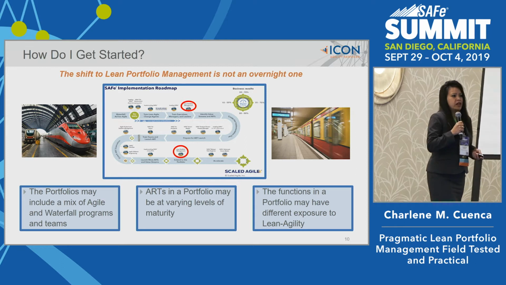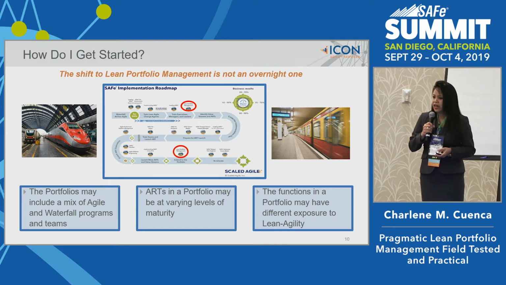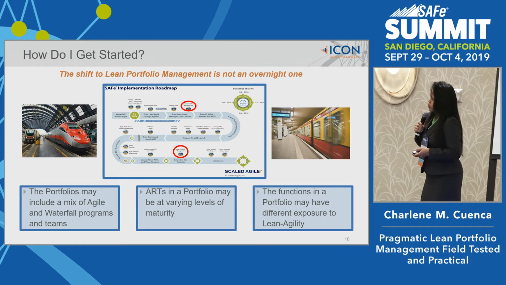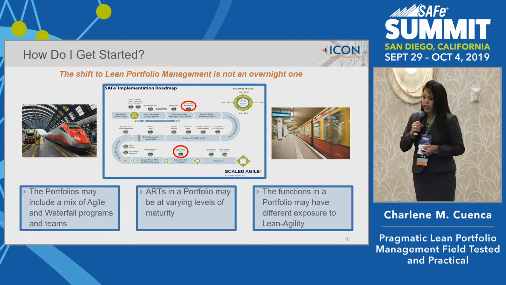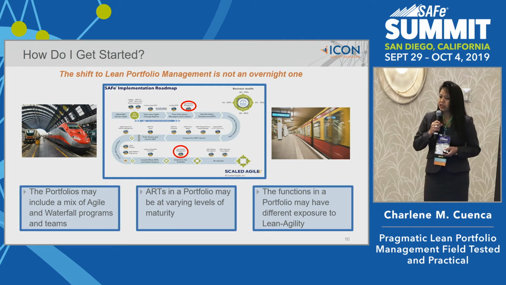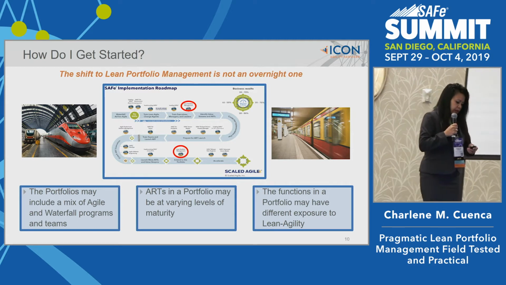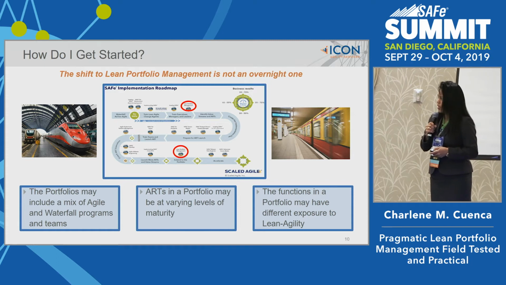And not every leader that's part of your portfolio team is necessarily going to adopt that mindset out of the gate. So all those three factors come into play, really translate into setting the right expectation that lean portfolio management is a journey. And it's important to get started with the concepts, but you're going to have to coach through this and continue to learn as you go in your specific portfolio context.